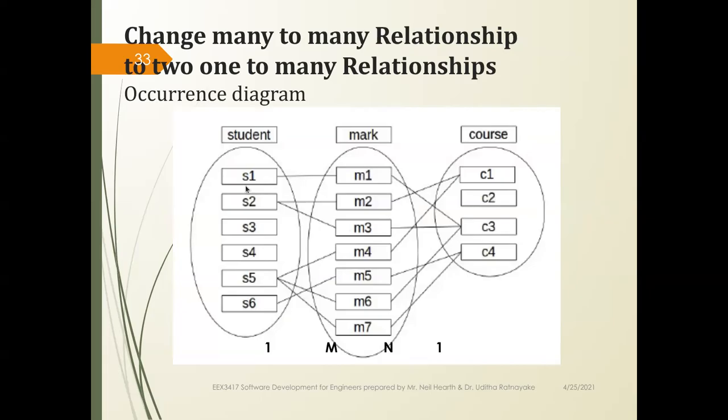Actually, every many to many can be divided; we can change it to a one to many relationship by including another table. Here you can see student and course. The relationship between student and course is many to many.